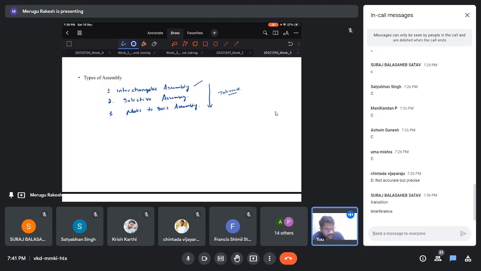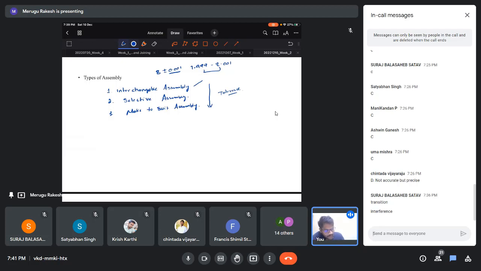As I discussed previously, 8 plus or minus 0.001. This range will decrease as I go from top to bottom: interchangeable, selective, and make to suit assembly.